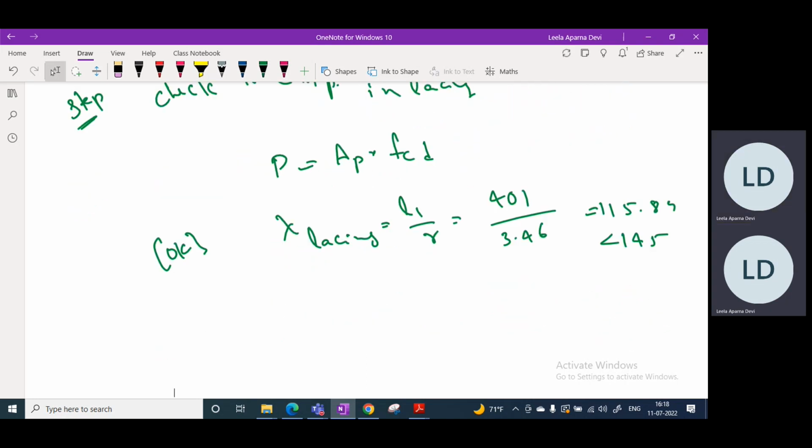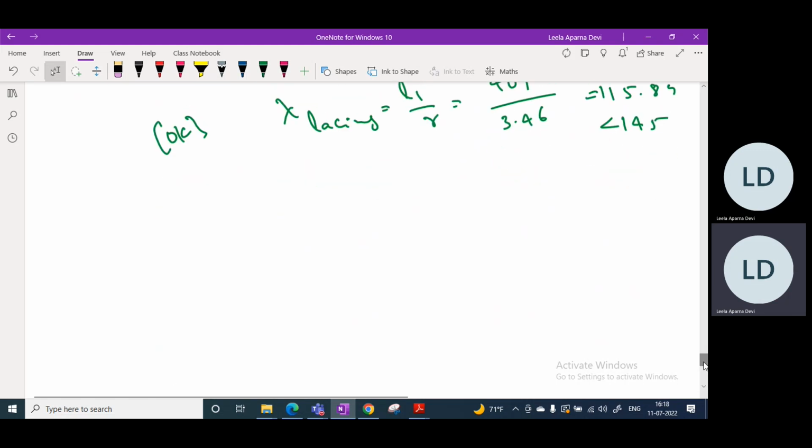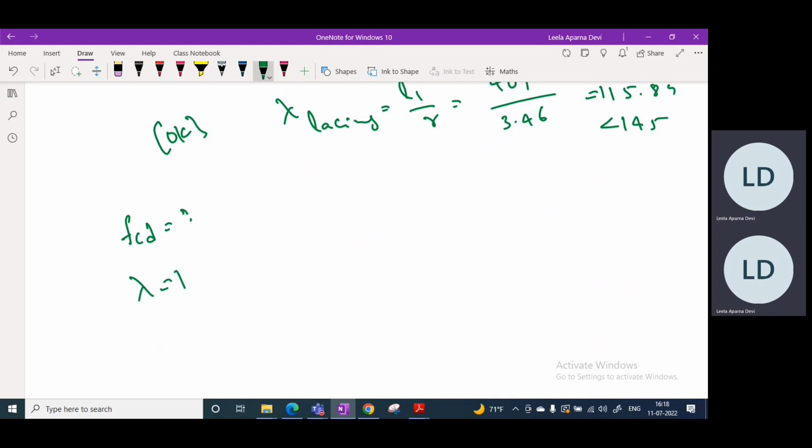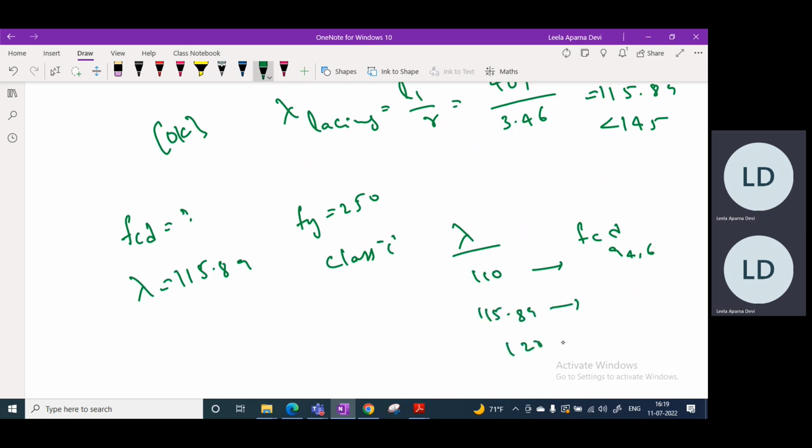And for this 115.89, we need to take the fcd value. For lambda equals 115.89, fy 250 and class C, for 110 it is 94.6, and for 115.89 we need to calculate, and for 120 it is 83.7.